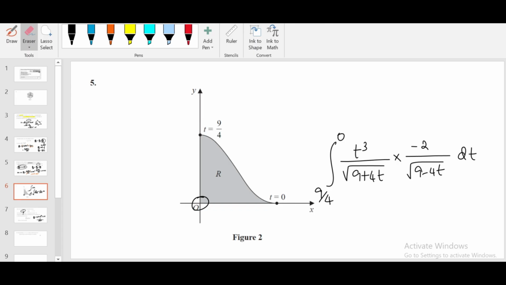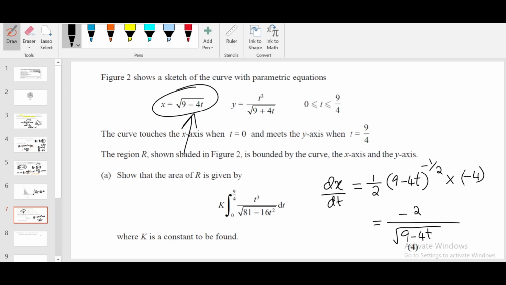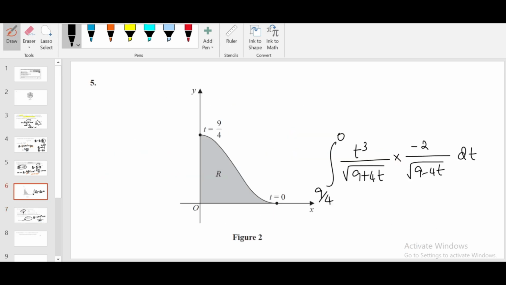That's the integral. So what do they want us to prove in part A? They want us to prove this can be written in this form with a number k outside. So that's what we are going to do now. Combine them. A plus b times a minus b, you can write as a squared minus b squared within the square root, and on top keep t cube as it is.